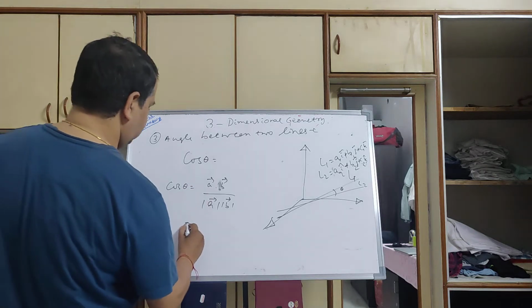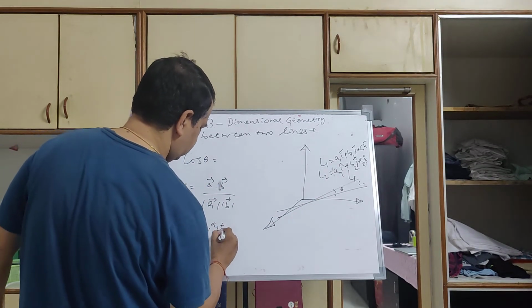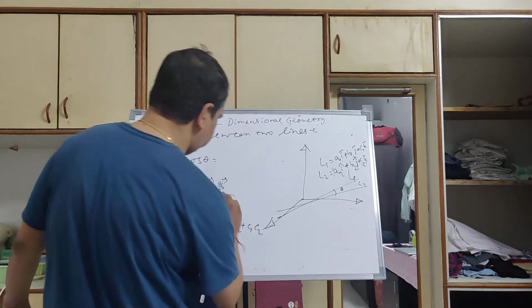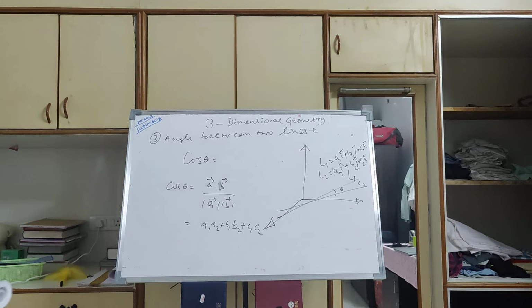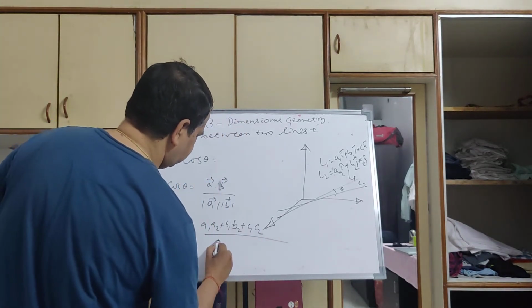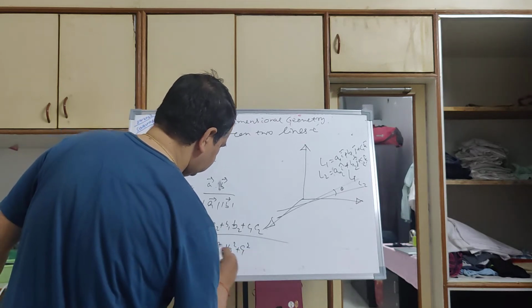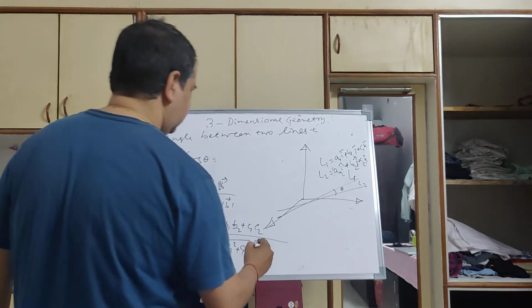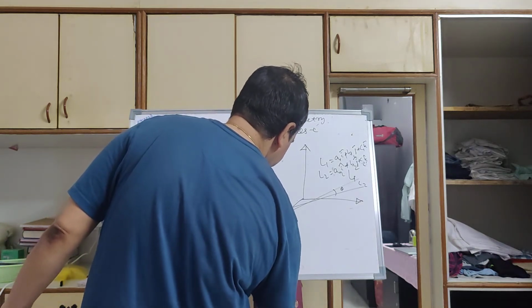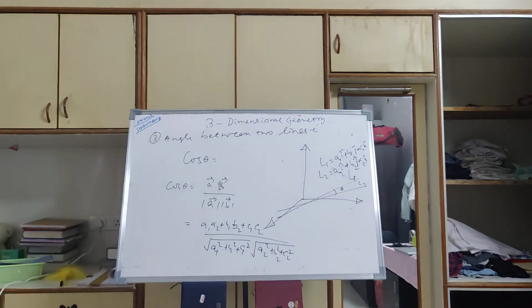Here you will write A dot B is nothing but A1 A2, B1 B2, C1 C2. And then in the denominator, A magnitude is nothing but square root of A1 square plus B1 square plus C1 square. Then square root of A2 square plus B2 square plus C2 square. Line 1 is A vector, line 2 is B vector.